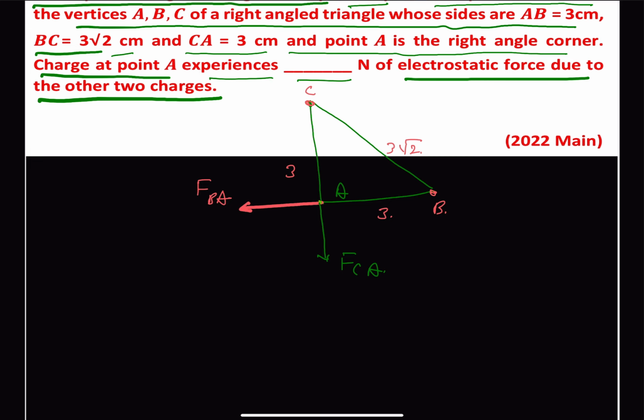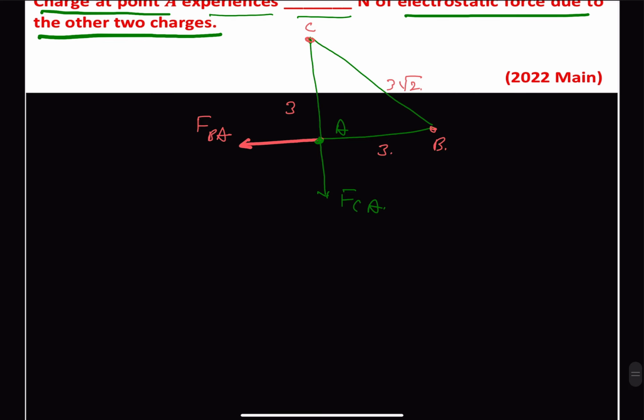So we can easily find out both the forces. Our FBA will be equal to K into charge at A, charge at B, and the distance is the same, so we can just assume this is R, over R square.